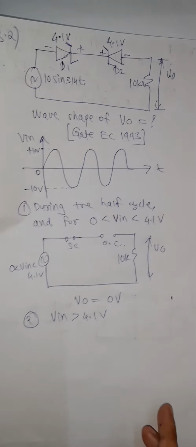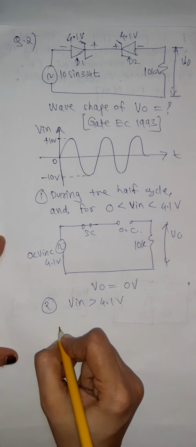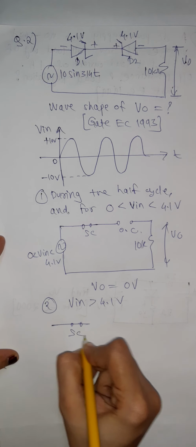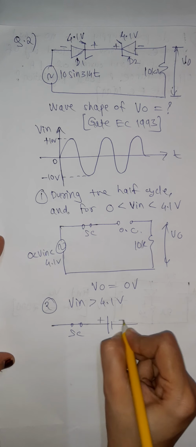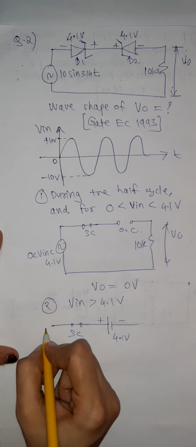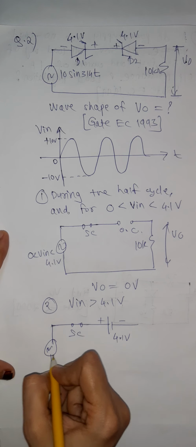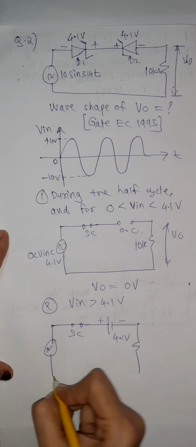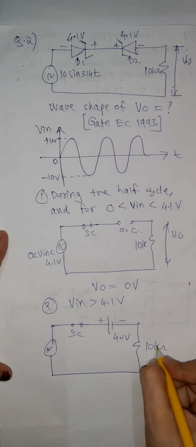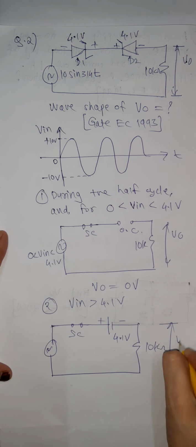So I will draw the diagram again. Here it will be short circuited and it will act as a plus minus 4.1 volt voltage source, and this is our V in, which is greater than 4.1 volt, and this is 10 kilo ohms, and this is V0.